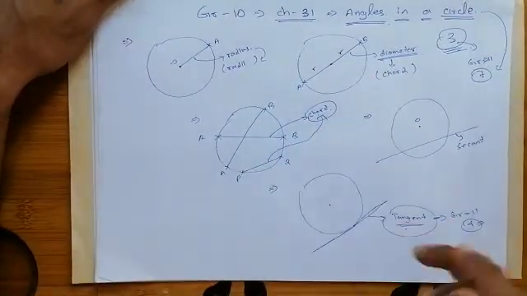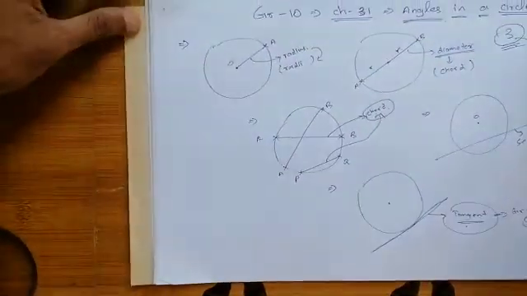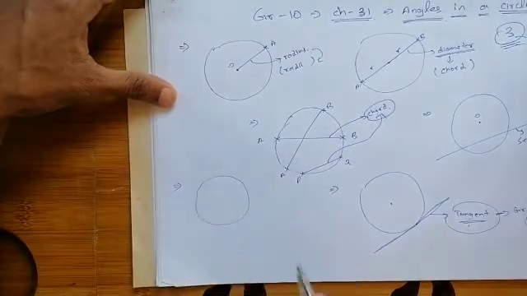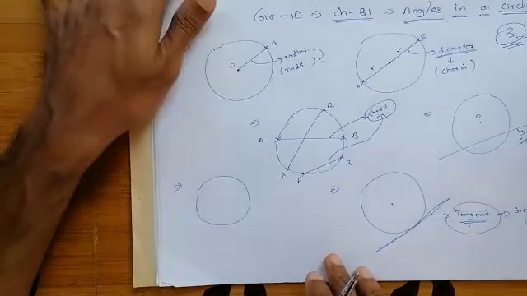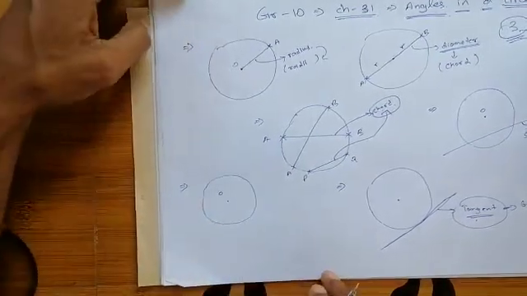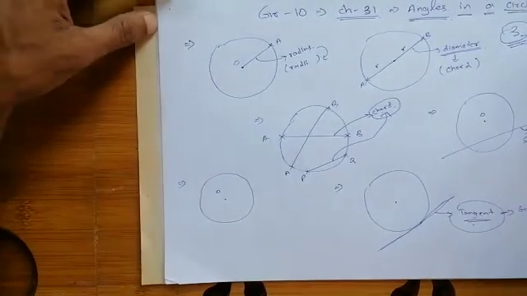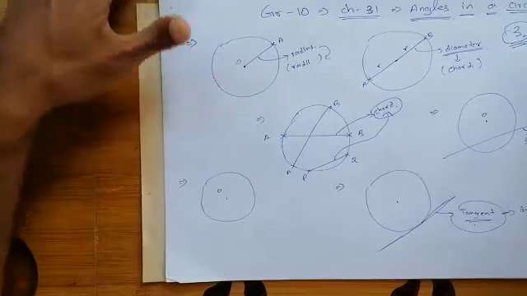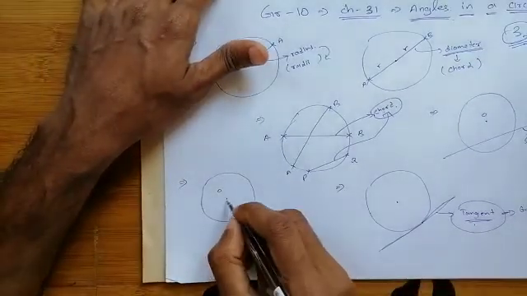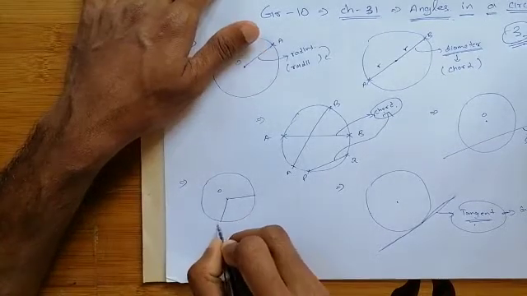Okay, also we have some other components you already know. Those are very important in this lesson, angles in circle. If you take a circle, we can divide the circle into two portions by connecting two radii.